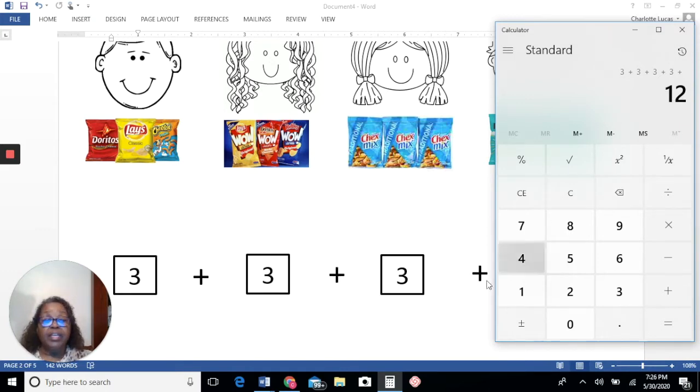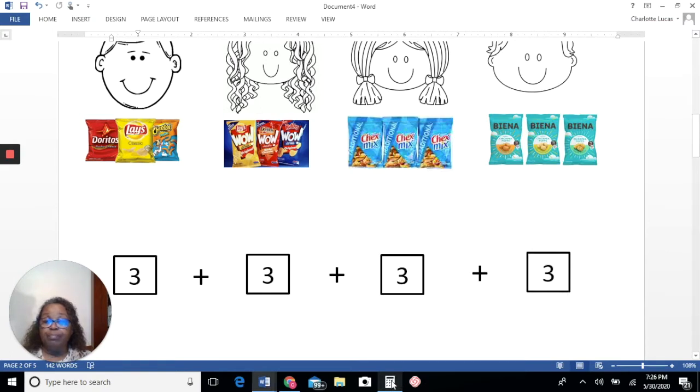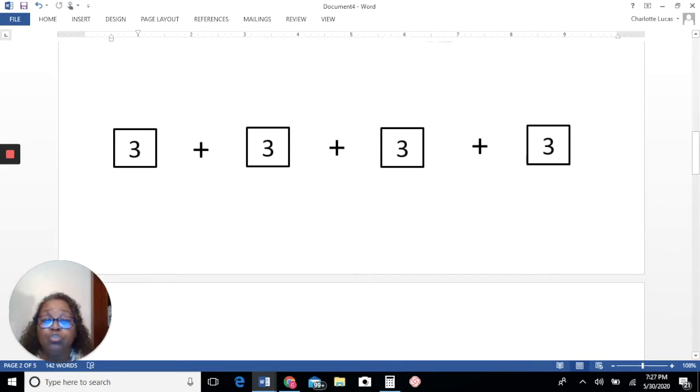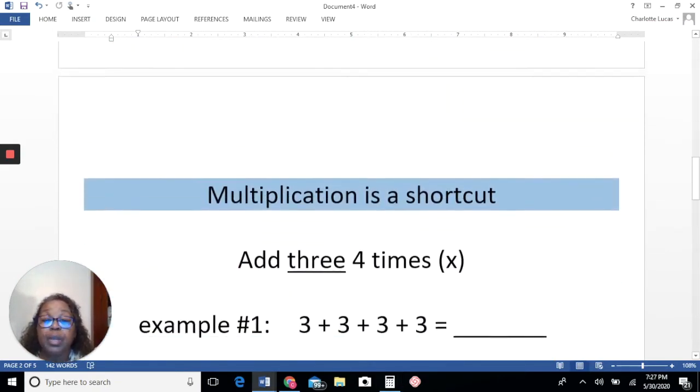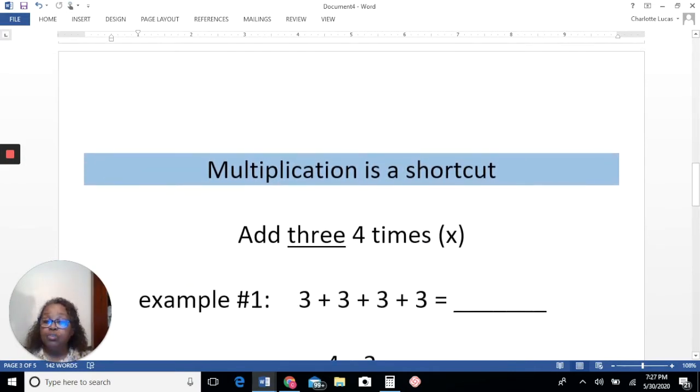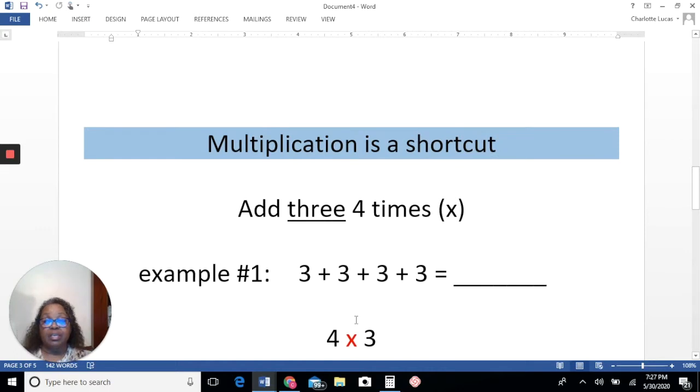Now, that is one way to solve the problem. But using multiplication would be like using a shortcut. Multiplication is taking the 4 3s that you had to add together and turning it into a statement that says 4 times 3.